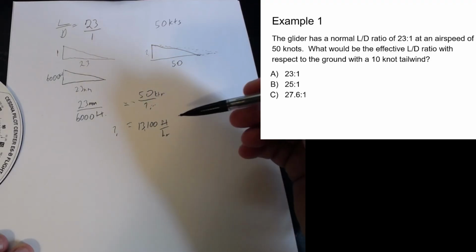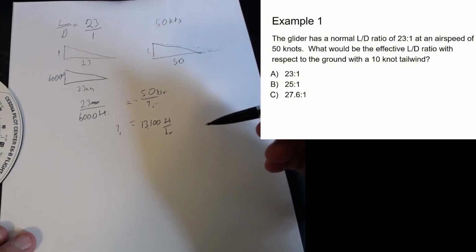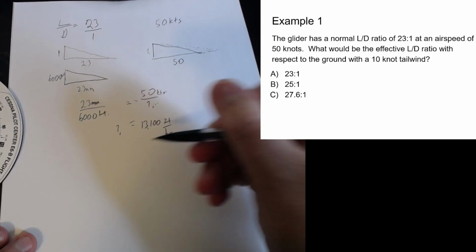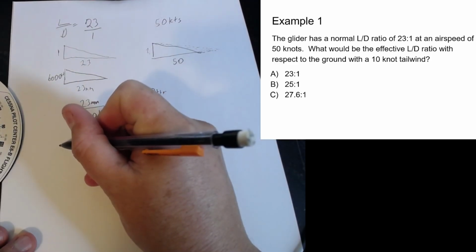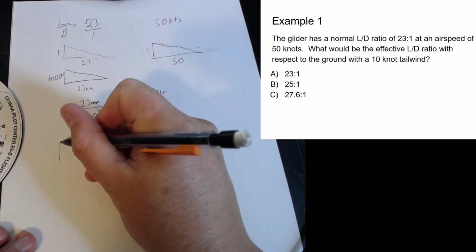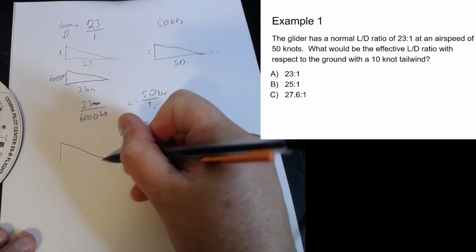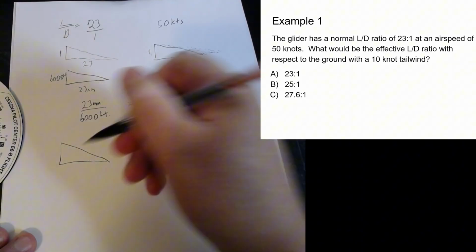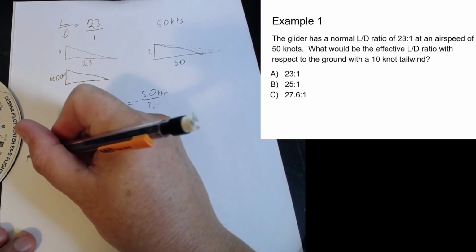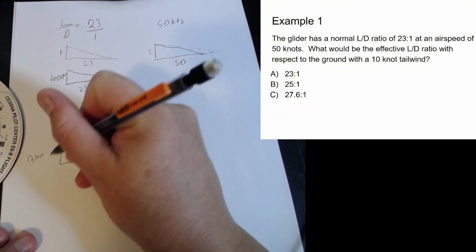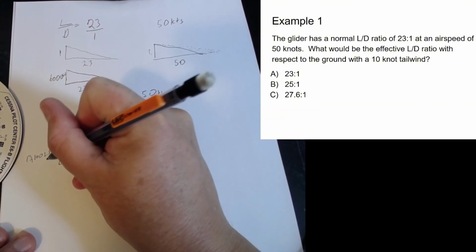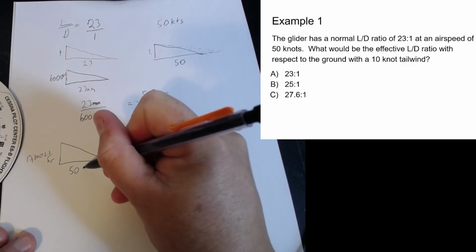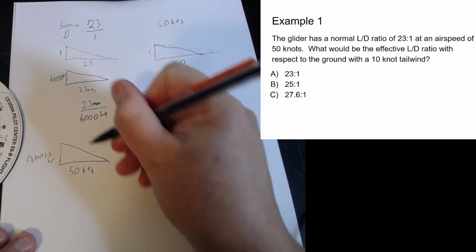Now, because it's a commercial level problem, we have to do the next step, which is that now we have a 10-knot tailwind. Here's our original triangle: 13,100 feet per hour, and we're going 50 knots, but we have a 10-knot tailwind.